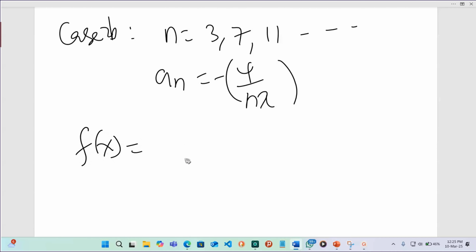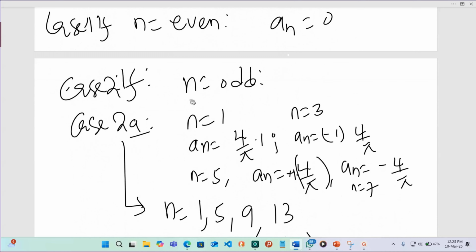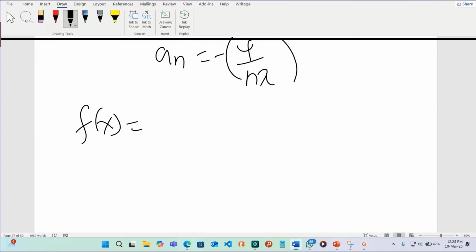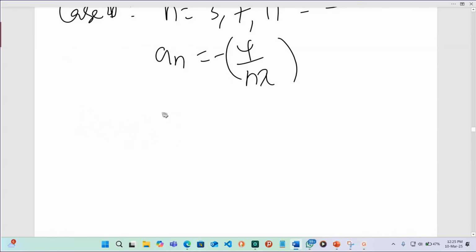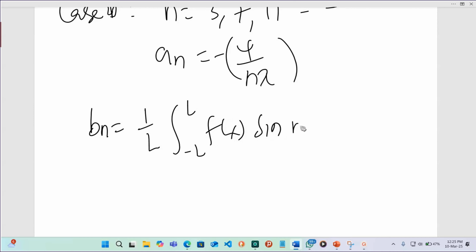What we are going to do is say that f(x) is going to be, remember a_0, we found that our a_0 was 0, and then we already have a_n, so we can look for b_n. Let's check. So what is b_n? b_n is also 1 over r, integrating from negative r to r, f(x) sin(nπx/r) with respect to x.